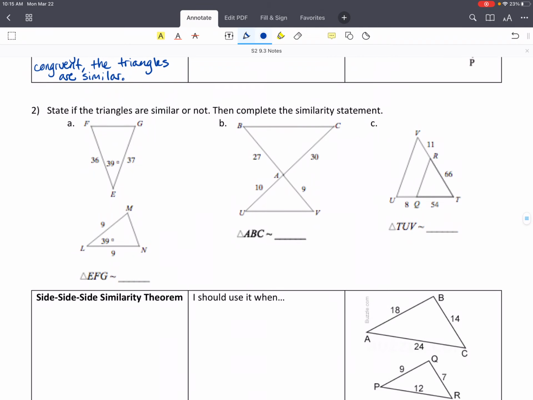So I can look. Here we have this 39 represents angle E, which is congruent to angle L, so that's a good start. So I can look at these sides, and if you're trying to figure out which sides match together, that's how I line them up.